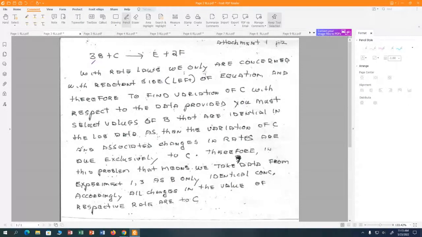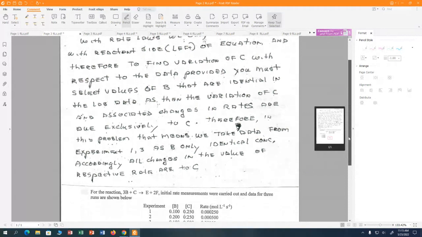This is the equation: 3B plus C yields E plus 2F. Again, just for repeating, with the rate laws, we are only concerned with the reactant side, which is the left side. Therefore, to find the variation of C with respect to the data provided, you must select values that are identical in the lab data, and then the variation of C and associated changes in rates are due exclusively to C. What does that mean in English?